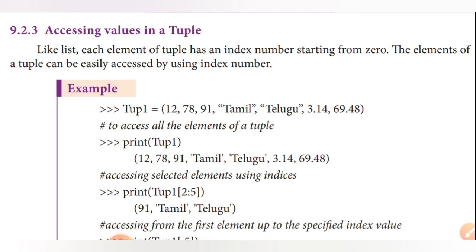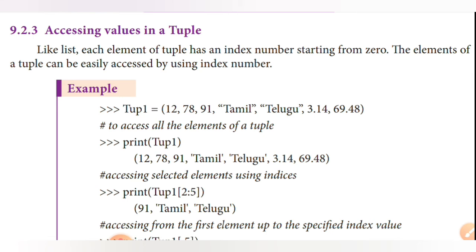Now if you want to access the elements of this tuple, we can use an index value. First we show all the elements in the tuple. For that we use the print statement: print tup1. All the elements in this tuple are displayed on the monitor. Now you can select elements using indices.